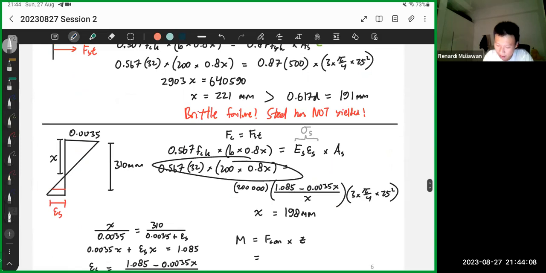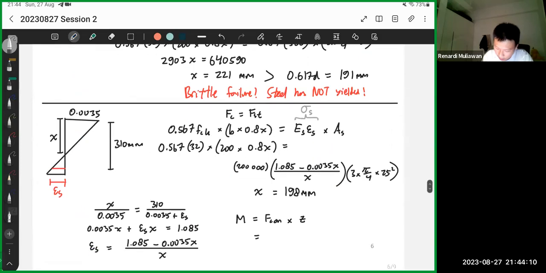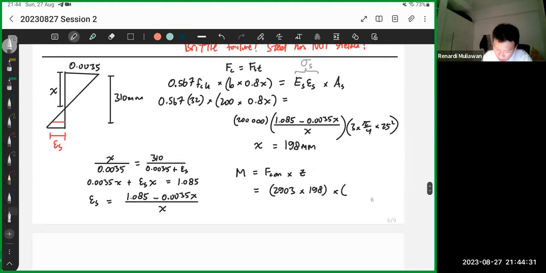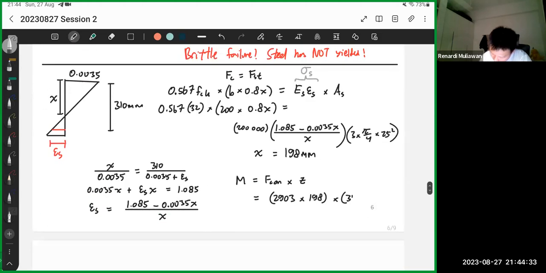So 2903 times 198 times Z. Z is just d minus 0.4x. In this case d is 3110 minus 0.4 times x, 198.